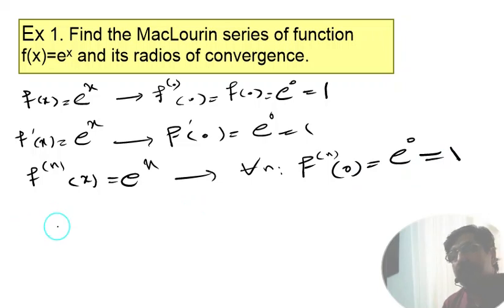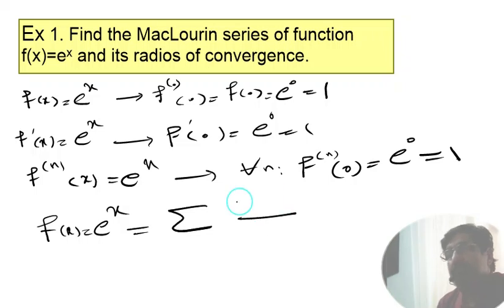So the Maclaurin series of f, that is e to the power of x, is the sum of 1 over n factorial times x to the power of n, from 0 to infinity.